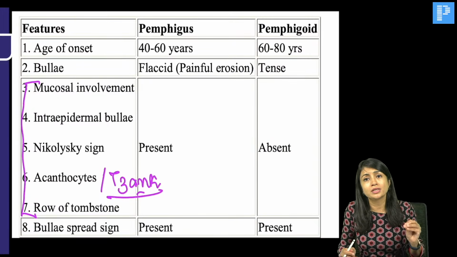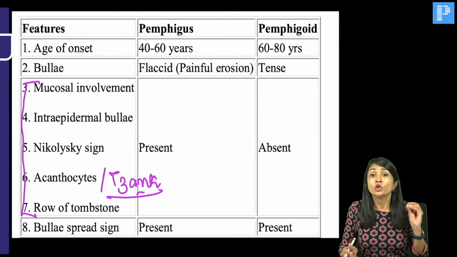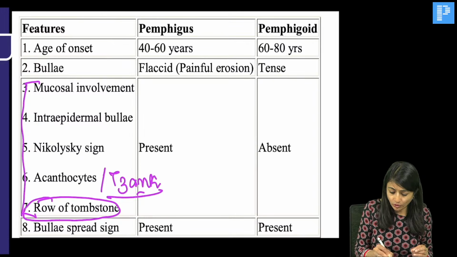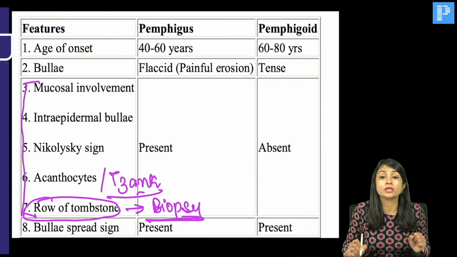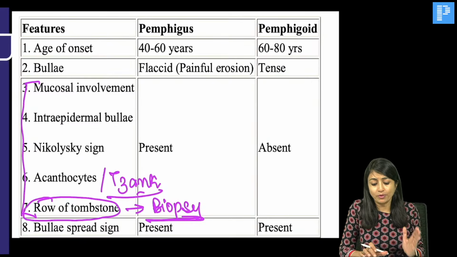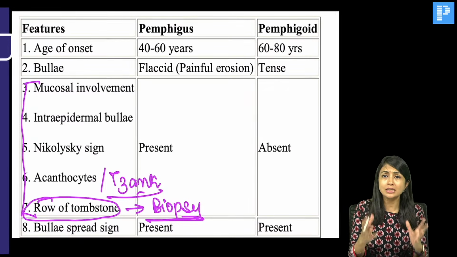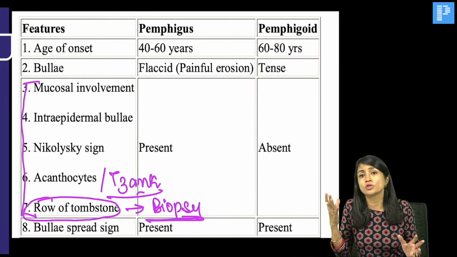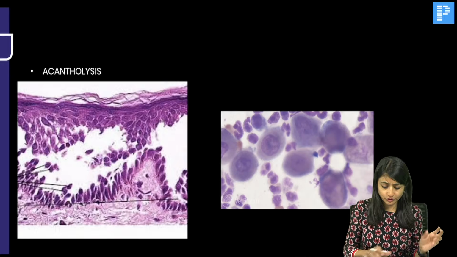Row of tombstone appearance on biopsy is another important sign that you see with the pemphigus group of disorders. How do you differentiate foliaceous and vulgaris? It's easy. Foliaceous, you see no mucosal involvement. Vulgaris, you see mucosal involvement with flaccid bullae. Clear?